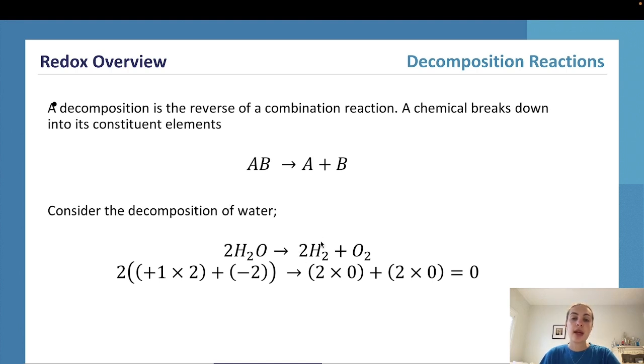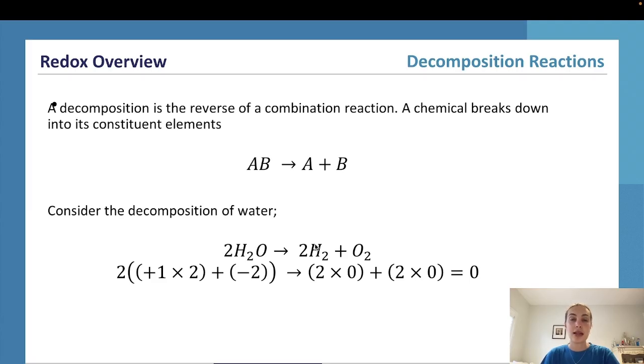Once we get to the H2 here, that's got a charge of 0, because that's following rule 1. It's only made up of one element type, and same with our oxygen. So hydrogen is going from +1 to 0.